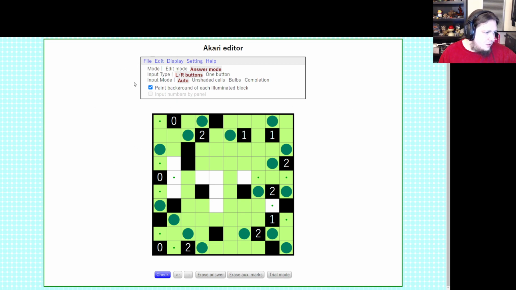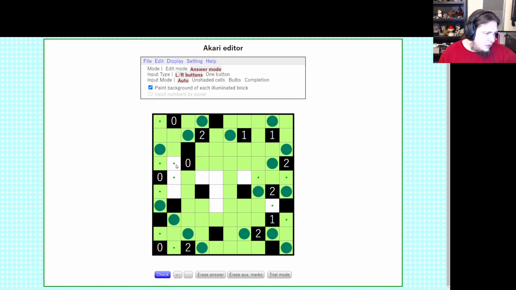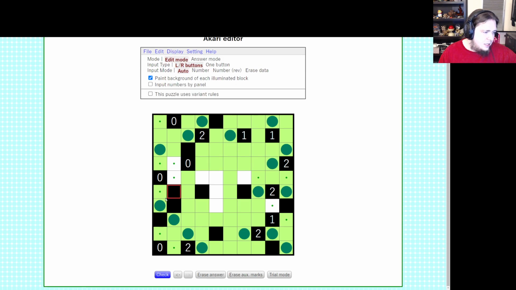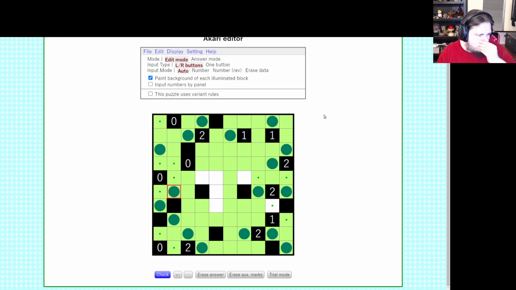Maybe we can do this one more time. If we put a 0 here, then that will rule out this. And then the only way that cell can be illuminated is by putting a light bulb here. Whoops. Boom. Okay. How's that working? Pretty good. I didn't need this for anything.